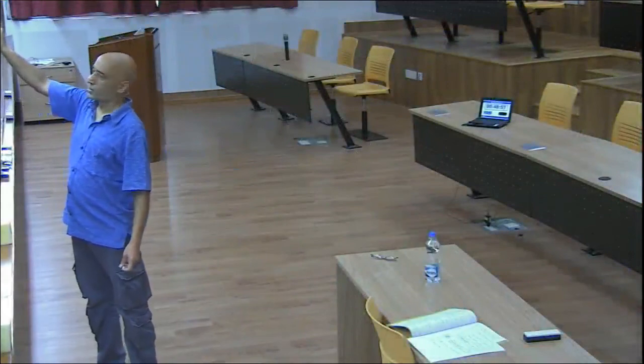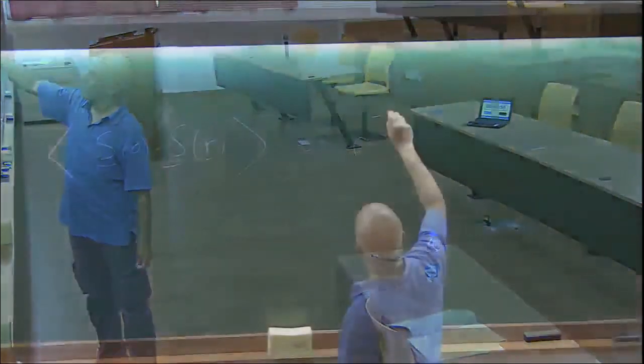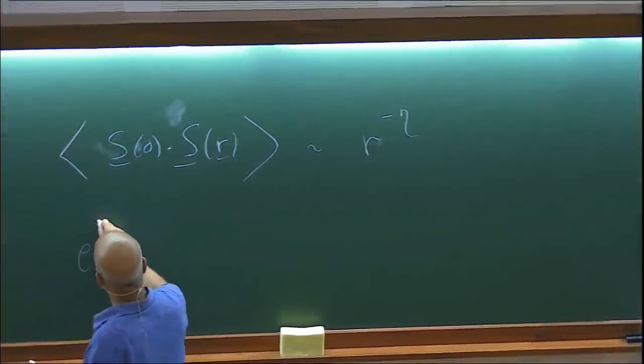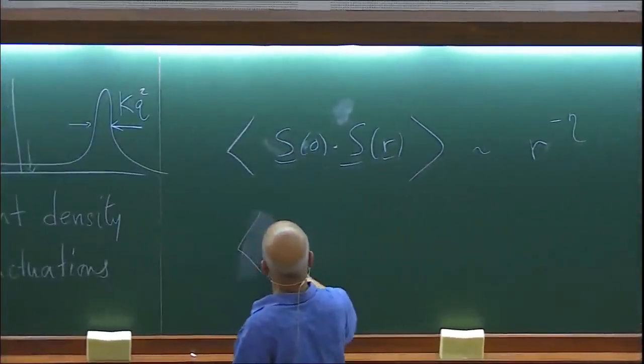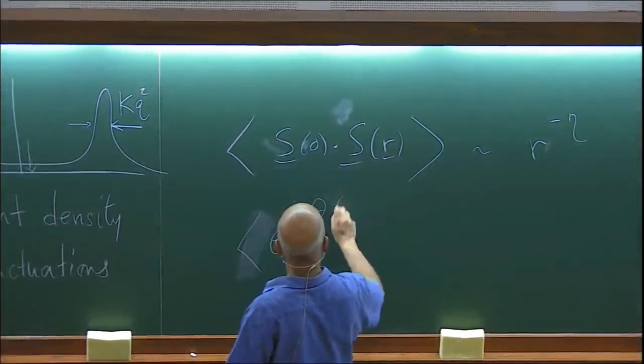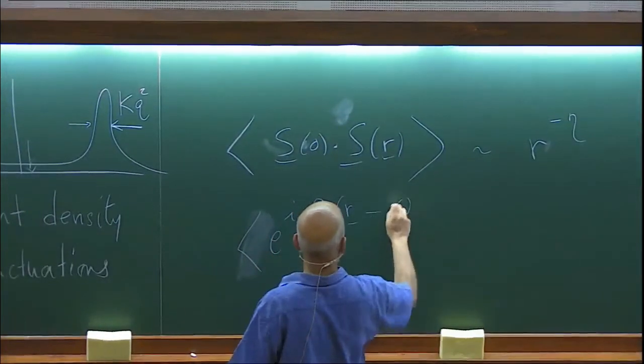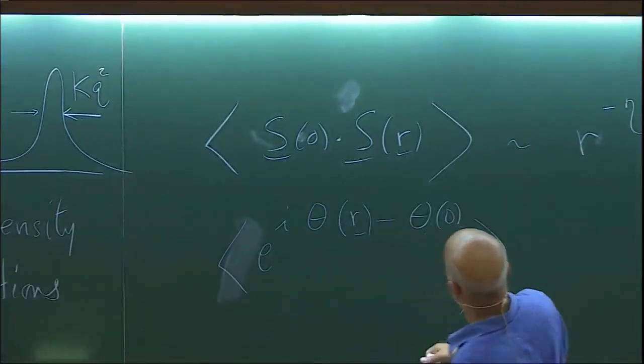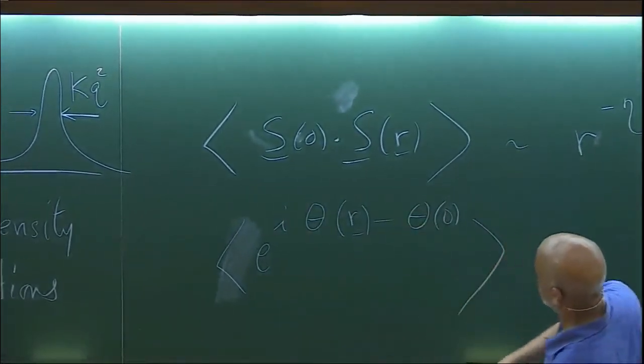Minus some power, let's call it eta. Okay? And you can calculate that power. Basically, this is the average of e to the i theta of r minus theta of 0, or the real part of it, doesn't really matter.